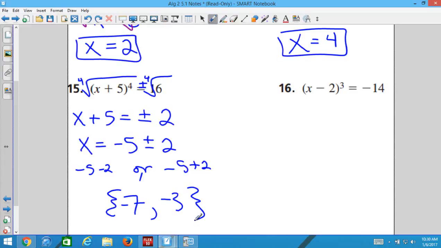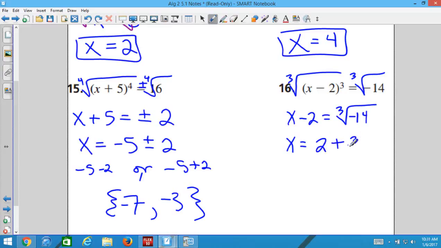The last one, we're going to cube root both sides. I do not need plus minus because it's odd. Get x minus 2 equals cube root of negative 14. Add 2.